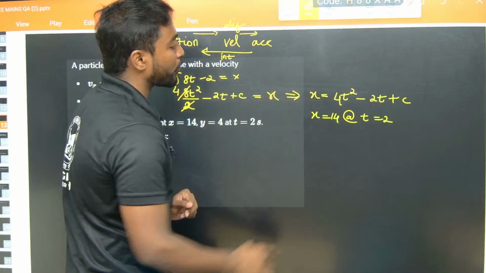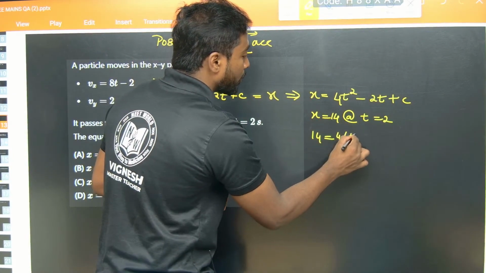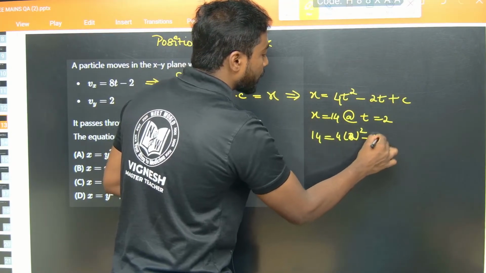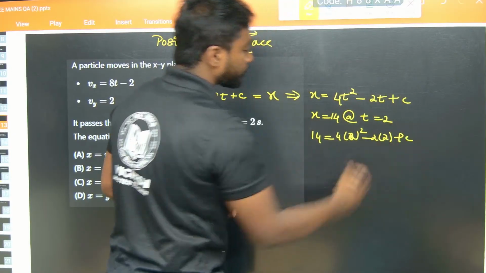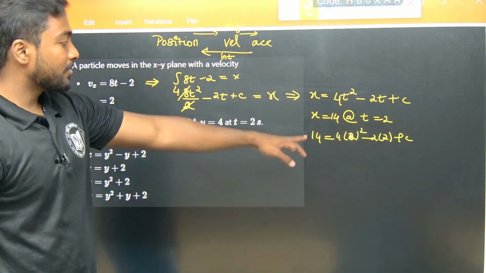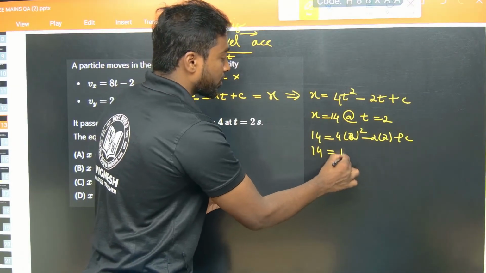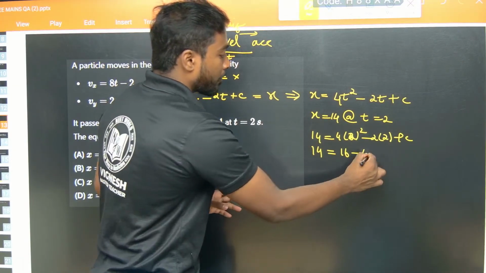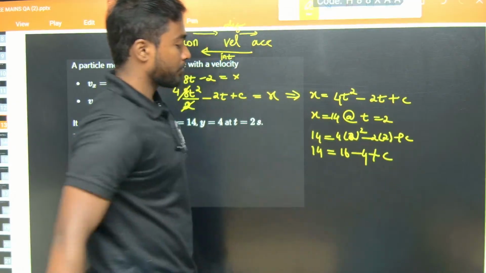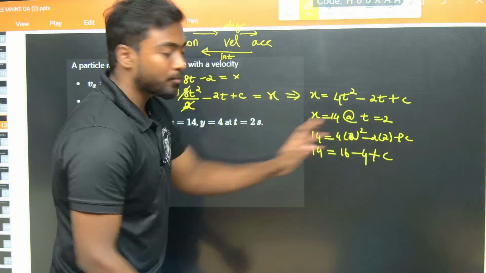So substitute the values and get the value of c. 14 equals 4 into 2 square minus 2 into 2 plus c. 2 square is 4, 4 fours are 16. So 14 equals 16 minus 4 plus c. 16 minus 4 is 12, 14 minus 12 is 2.